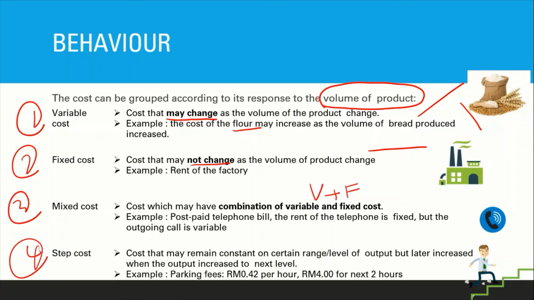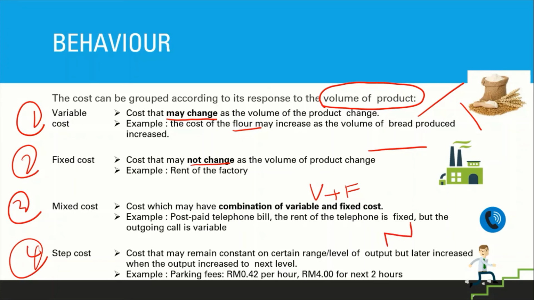Lastly is step cost. This is a cost that may remain constant at a certain level of output but increases later when the output increases to the next level. For example, parking fees: 2 ringgit per hour, then 4 ringgit for the next 2 hours. So step cost is like stairs.